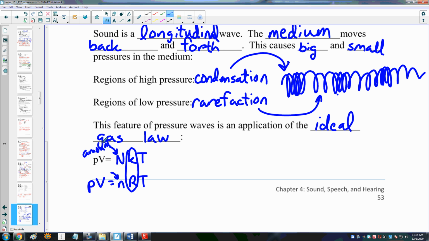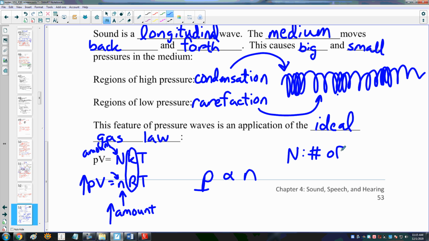All right, so what we're looking at here is the amount of the gas. If the amount of the gas goes up, it increases, that means that the pressure will also increase. That is to say that P is proportional to the amount of the gas. Again, let me just make this clear. It comes up on the next page, where capital N is the number of molecules in that first rendering of the ideal gas law, but lowercase n is the number of moles.